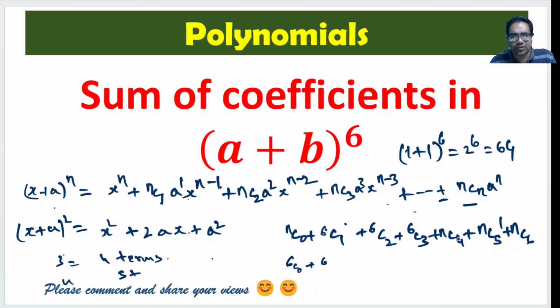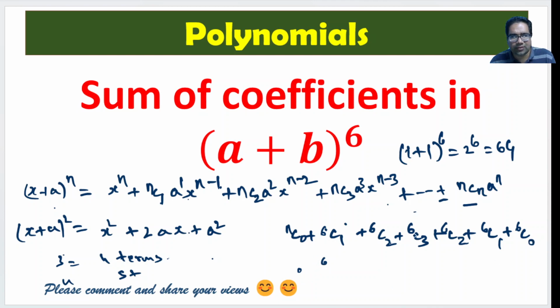6C4 is the same as 6C2, and 6C5 is the same as 6C1, since nC1 equals nC(n minus 1). Similarly 6C6 is the same as 6C0. This is what we want.